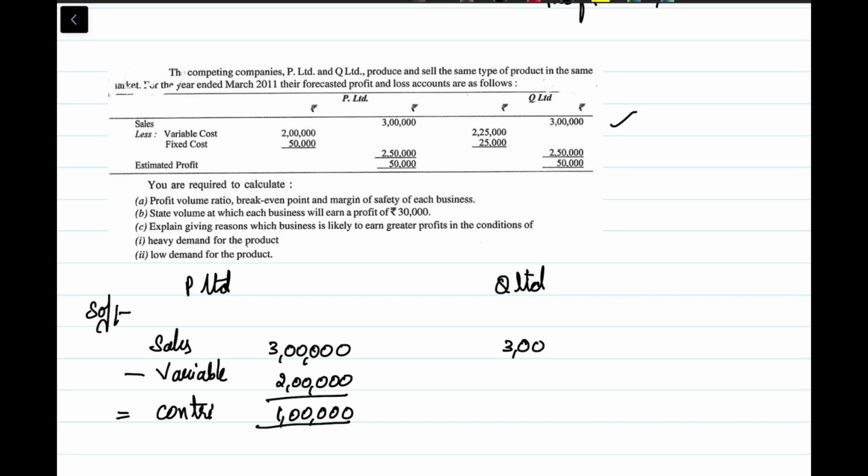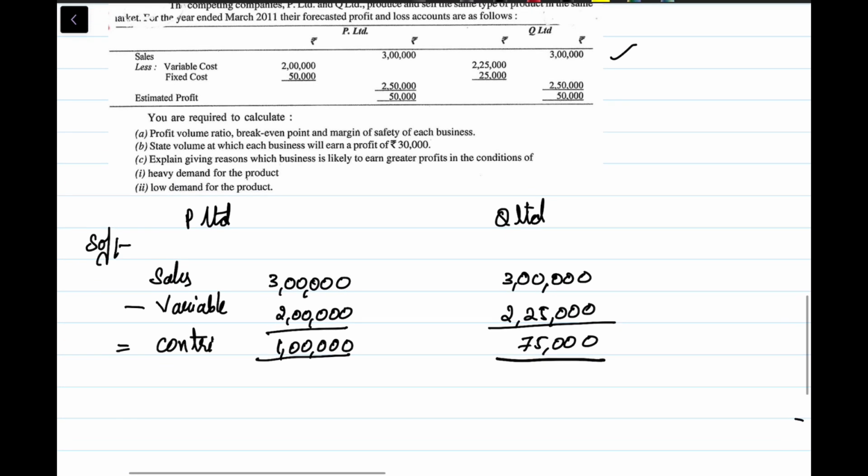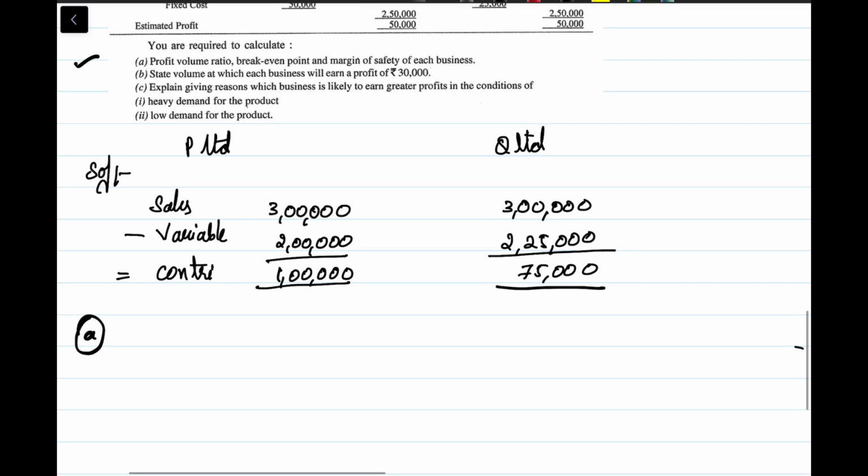For Q Limited, sales is 3 lakh, variable cost is 2,25,000, so our contribution is 75,000. You are required to calculate A, profit volume ratio, break even point and margin of safety of each business.